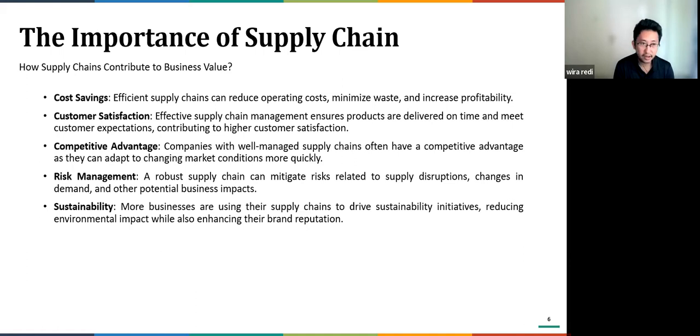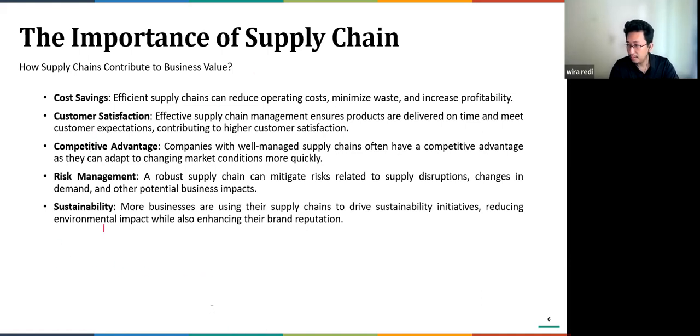What is the importance of supply chain and how does supply chain contribute to your business value? In the concept of value chain, you can search this one. This is another keyword that you can also mention that will also relate.